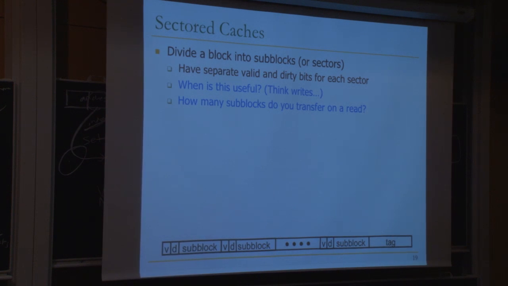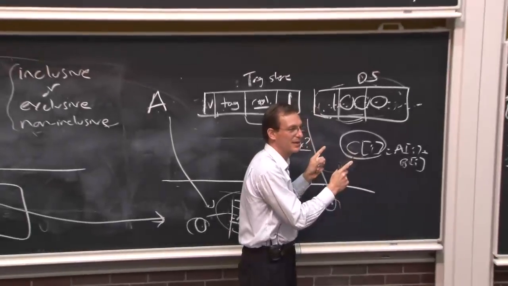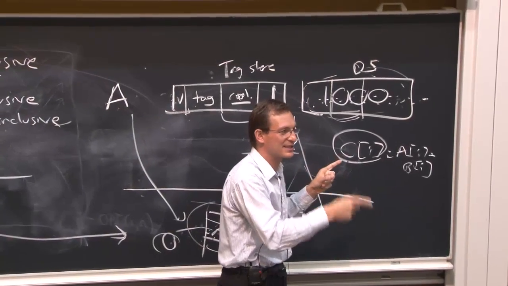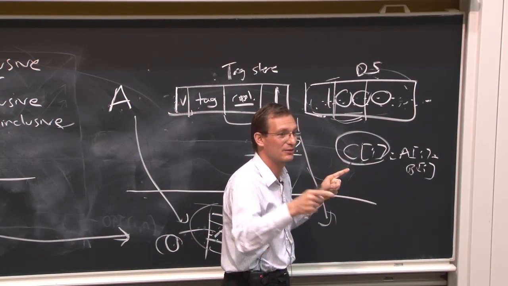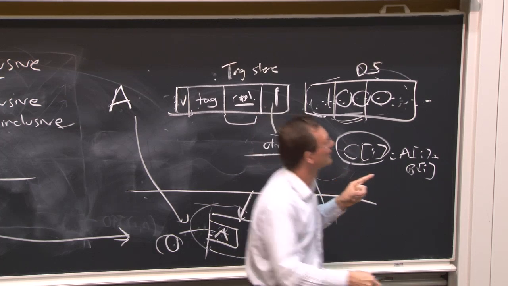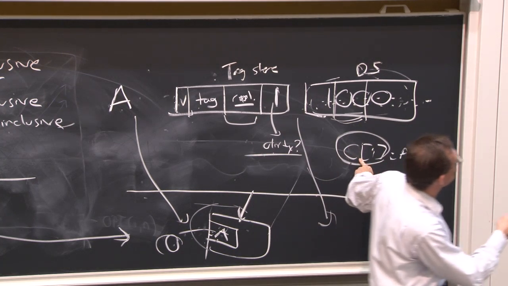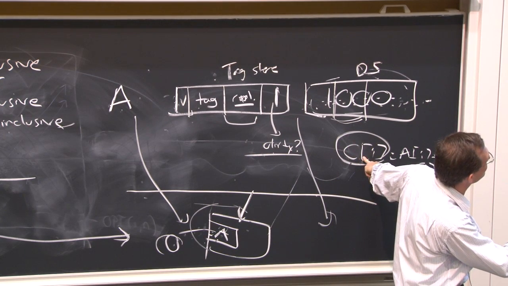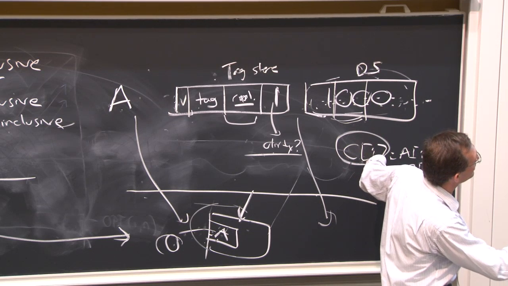And in fact, this is even more beneficial if you're doing something like this. If you're actually doing a streaming write, you can imagine that this is a streaming write. Streaming means you keep accessing the consecutive locations and you keep writing to the consecutive locations. Now if you're doing this, let's say C0 is written here. In the next iteration, you write C1.